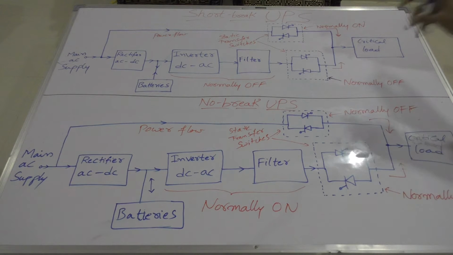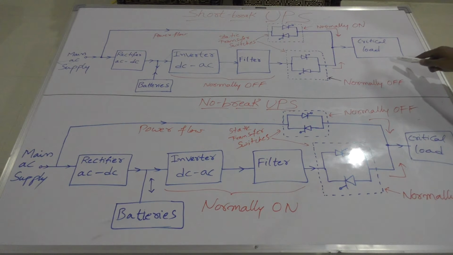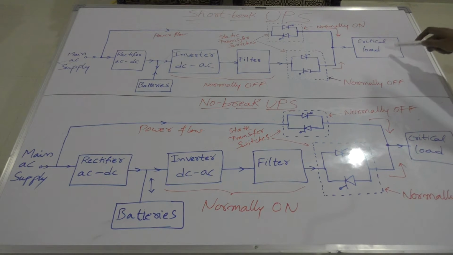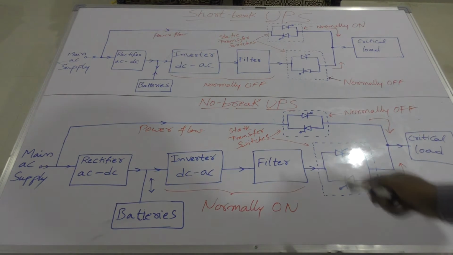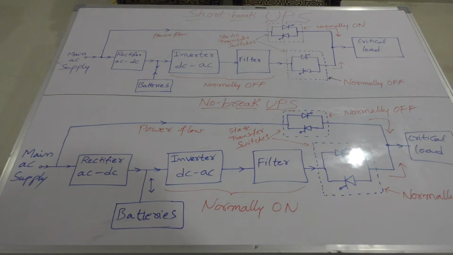Due to that small interruption, for example, if there is a lamp in this load, we can observe a transient dip in the illumination of that particular lamp. So this is about short break UPS, and let's come to no break UPS.